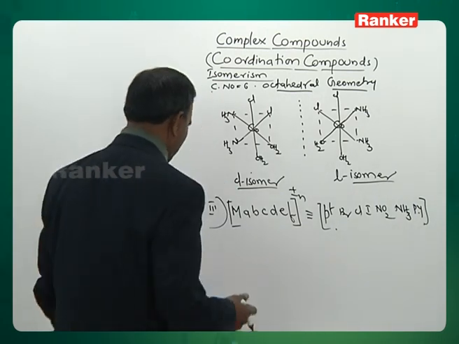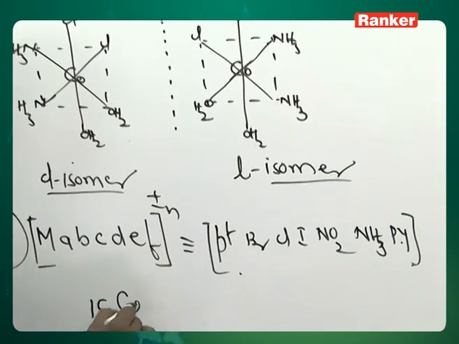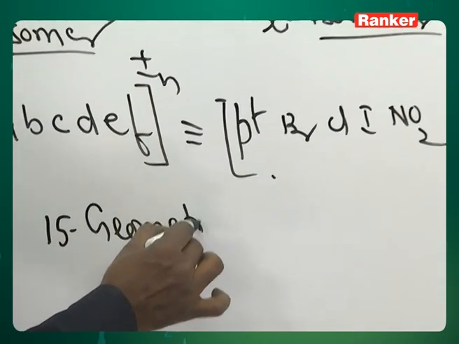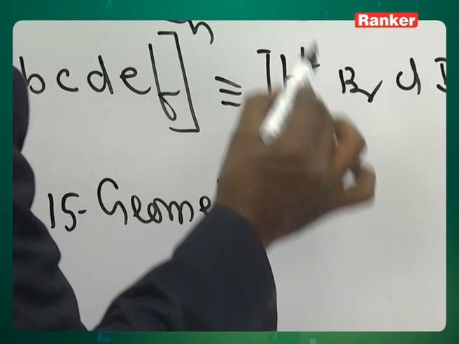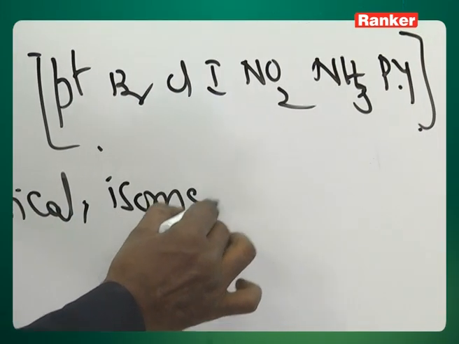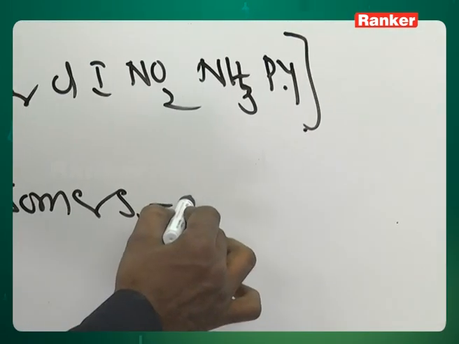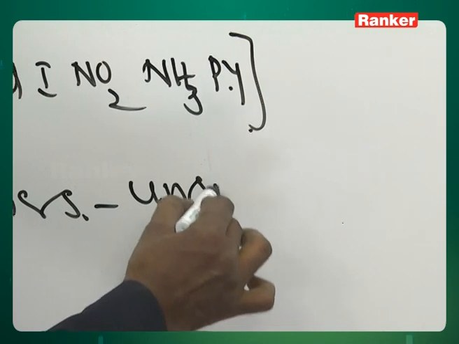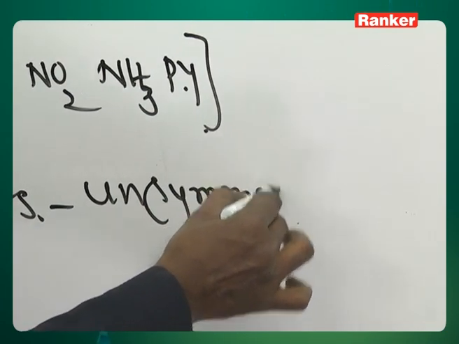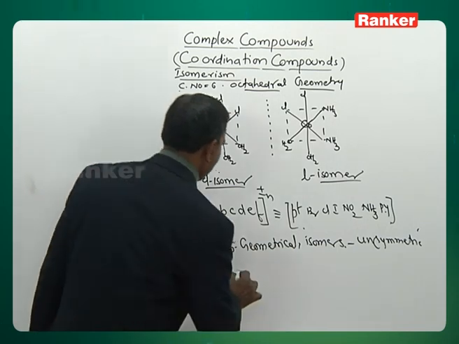Therefore, 15 geometrical isomers are possible. I am writing 15 geometrical isomers, all unsymmetric, so all are optically active.